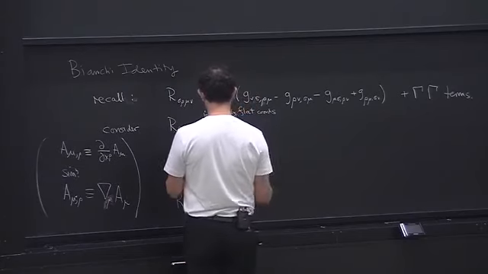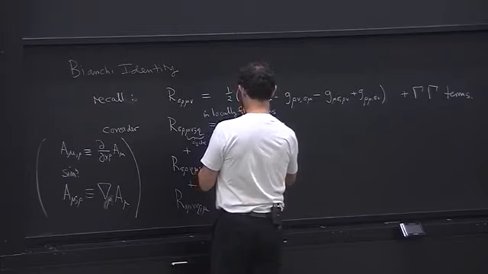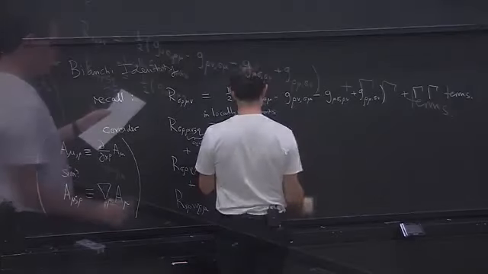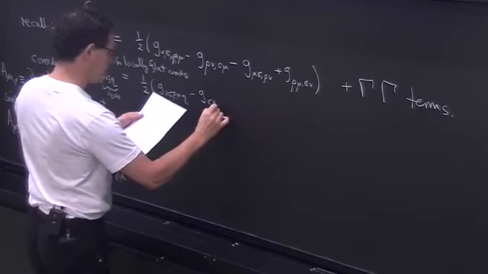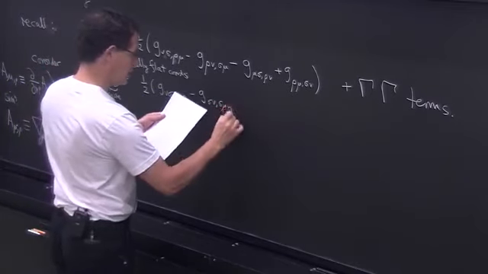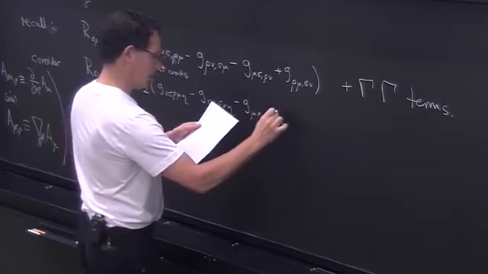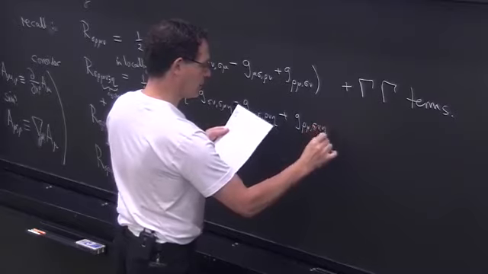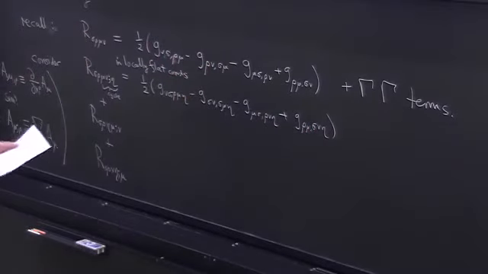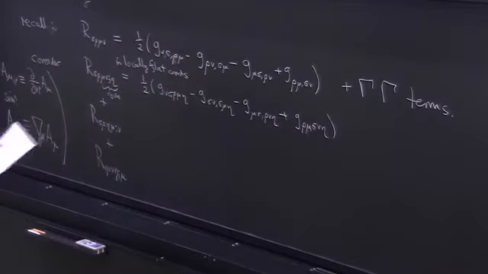So this is equal to G nu sigma rho mu eta. These are now ordinary derivatives, minus G sigma nu. So now I'm going to get a sore hand. And you can probably see this more easily than I can, and spot any errors that I make.